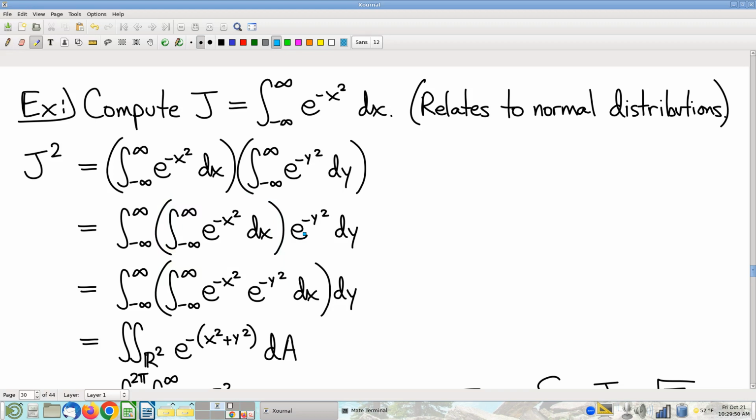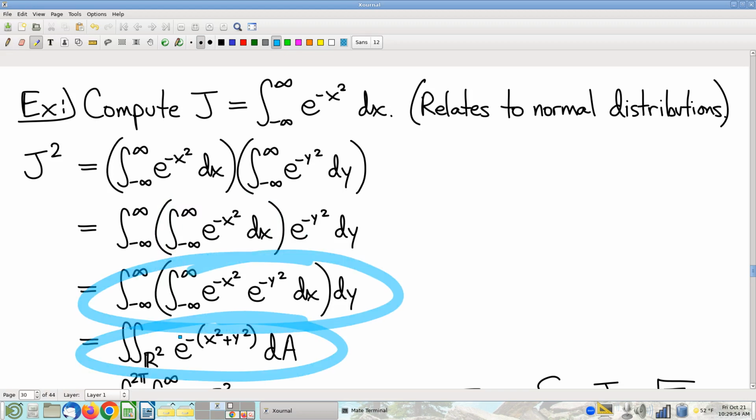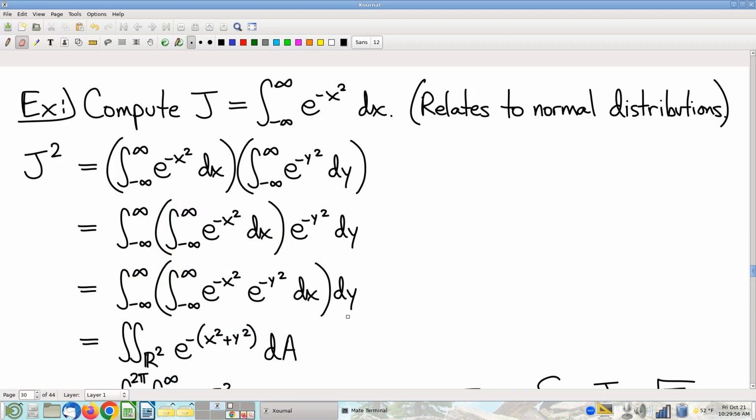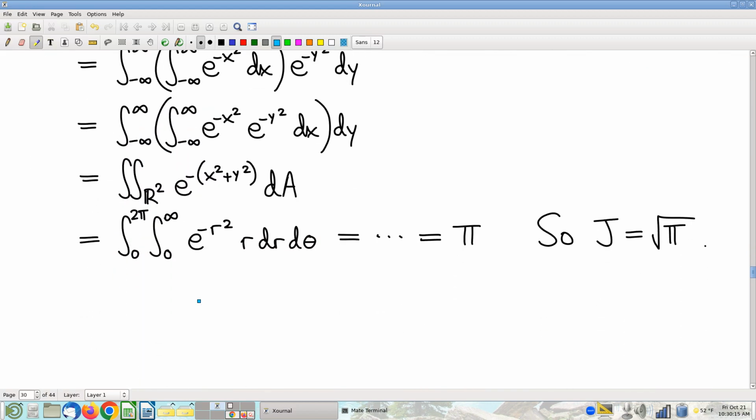Okay, so moving along, now we have an iterated integral, and of course iterated integrals are equal to double integrals. You just have to look at the bounds, and you can see y ranges over all possible values, x ranges over all possible values. That means that our domain here is all of R2. Okay, so I've rewritten the question of what is j squared as a double integral. And I'm then just going to compute this double integral by different means.